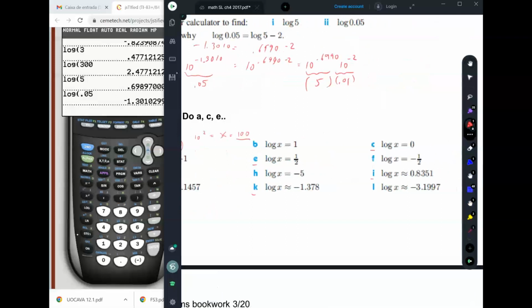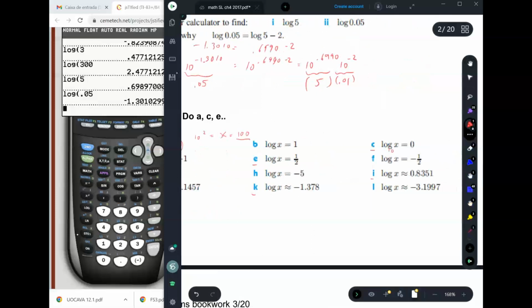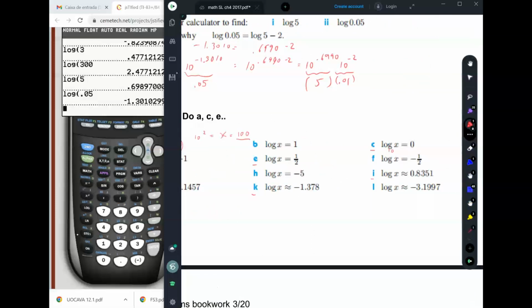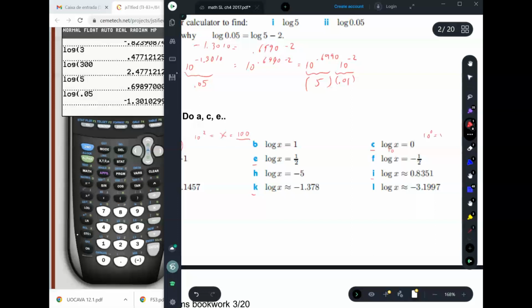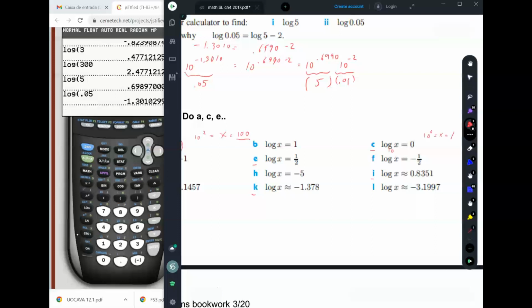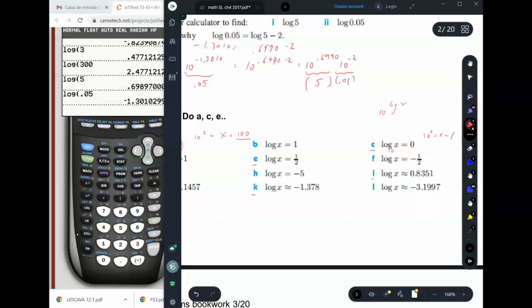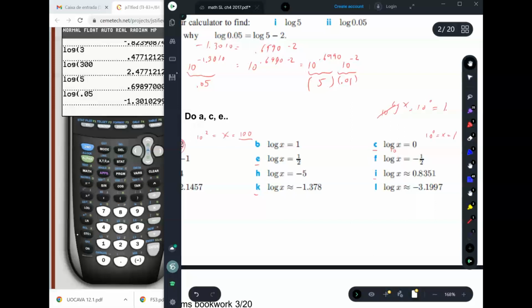So if I use snail rule, it would be 10 to the 0 equals x. And remember, 10 to the 0 is 1, so x is equal to 1. The other way I could do it is I could do 10 to the log x is equal to 10 to the 0. And here I can see that x is equal to 10 to the 0, which is 1. Right? Either way is fine.